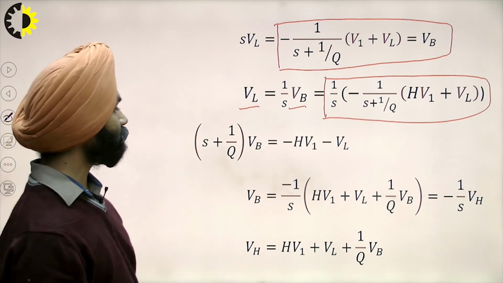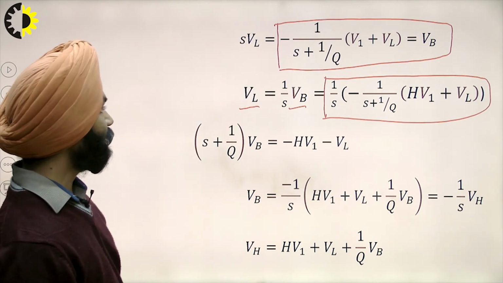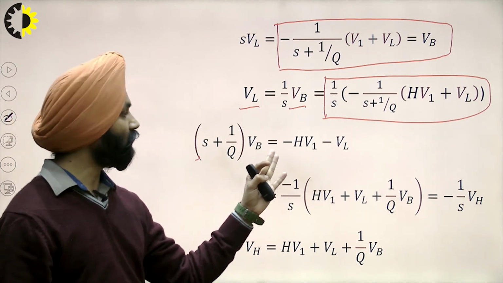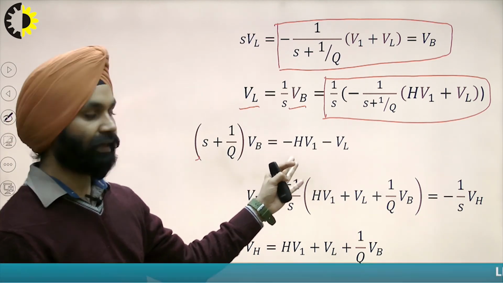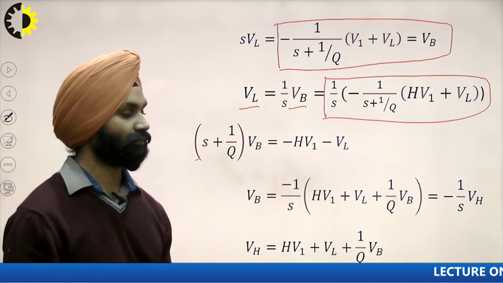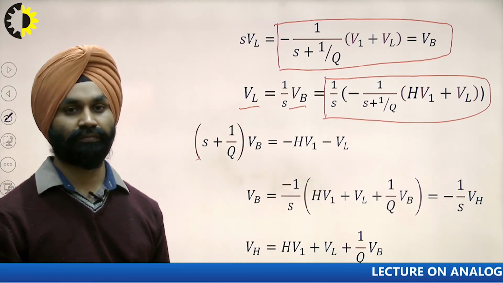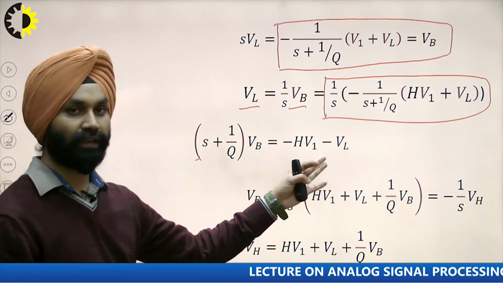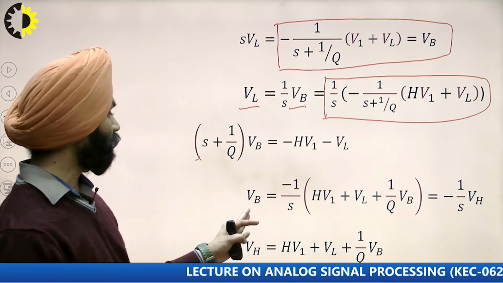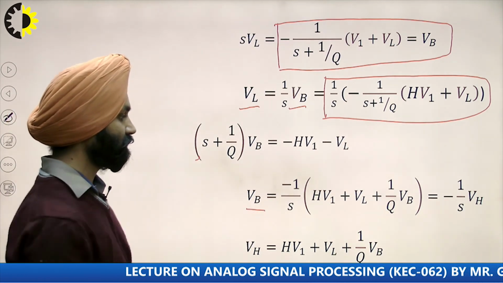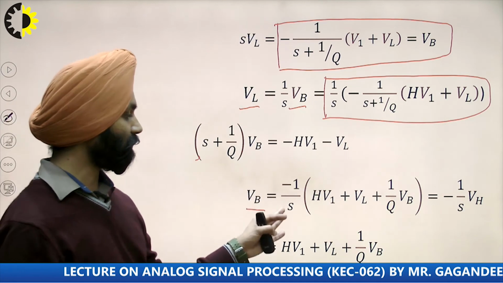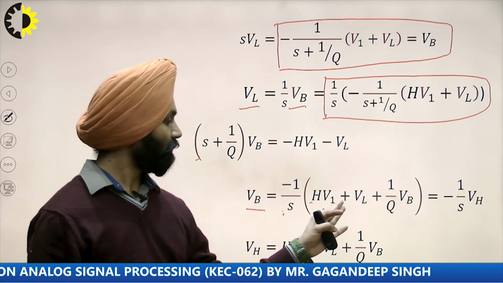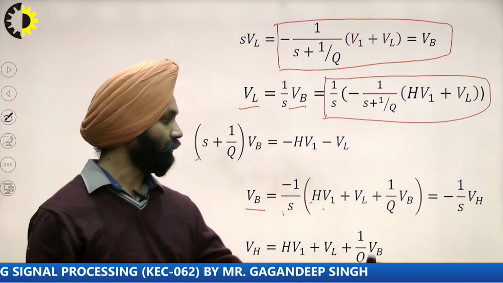Further from here, we can write S plus 1 upon Q into VB is equal to minus H V1 plus VL. Manipulating this equation again, if you take VB on one side, it will be 1 upon S times H V1 plus VL plus 1 upon Q VB.